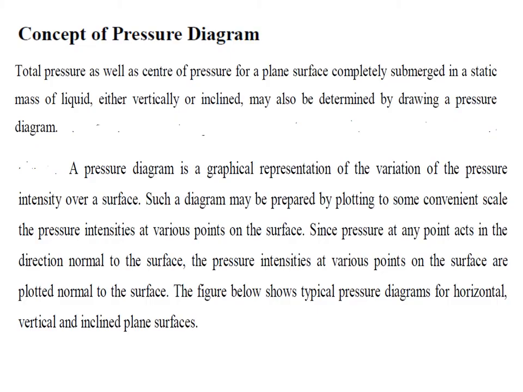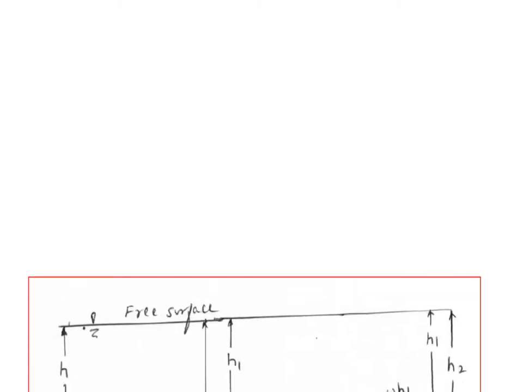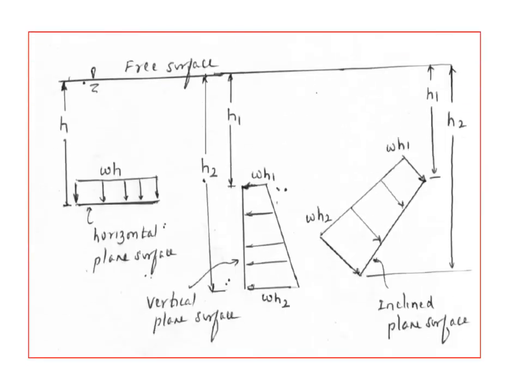I will show you the various pressure diagrams which can be plotted for horizontal, vertical and inclined surfaces. Here is an example of three surfaces: one is horizontal, another is vertical, and the last is an inclined plane surface. You have a free surface. Now I have a horizontal plane surface at depth h.